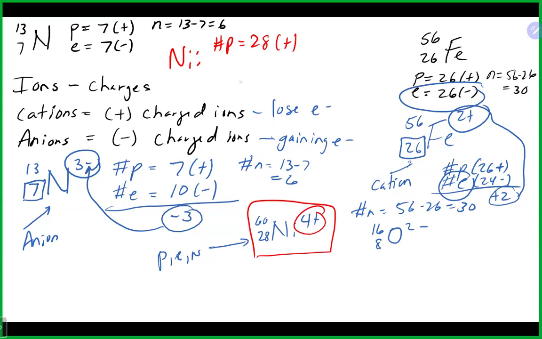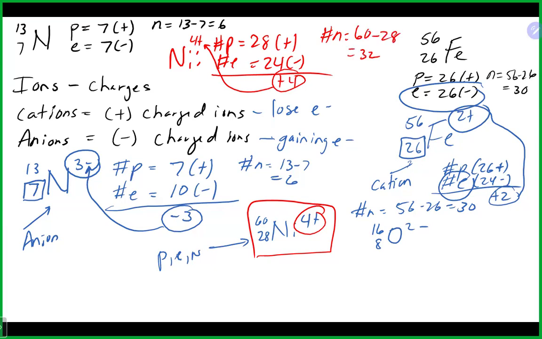So in order for us to end up with that +4 charge, the number of electrons will be 24. 28 positive things, 24 negative things, leaves us a +4 left over, which is again where the charge comes from. And for our neutrons, we'll take our top number, 60 minus 28, so 32, I believe, in this case.